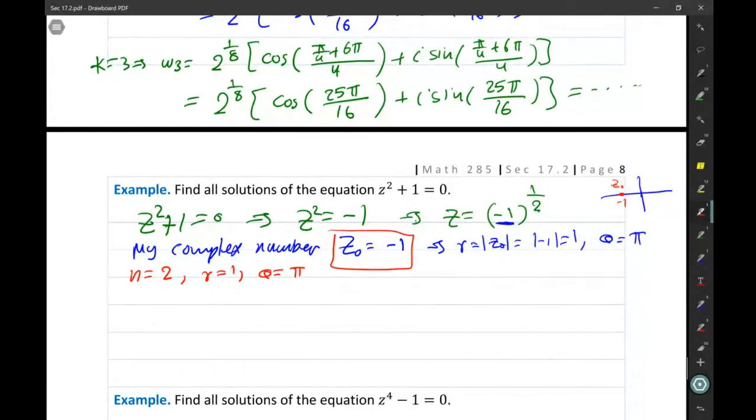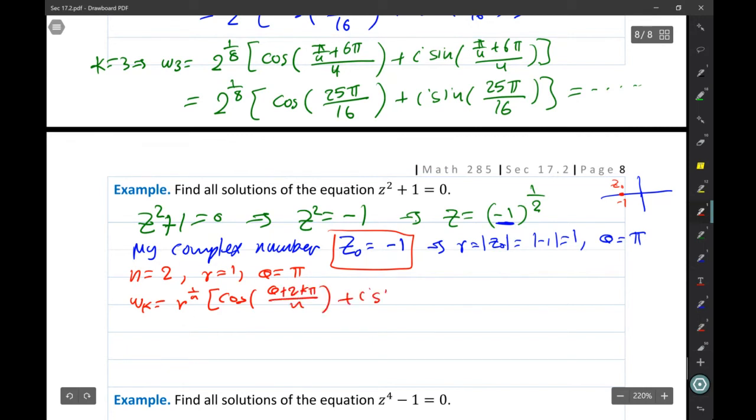All right. Now we want wk equals r to the power 1/n times cosine((theta plus 2k pi)/n) plus i times sine((theta plus 2k pi)/n). But the values of k here are just 0 and 1 because n is equal to 2.